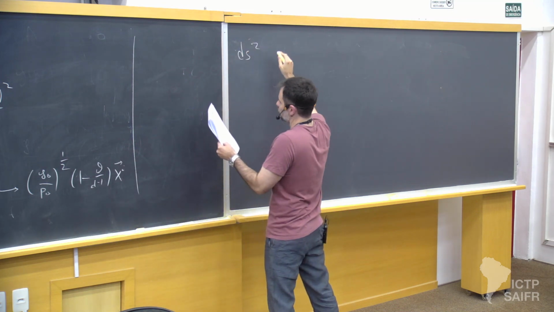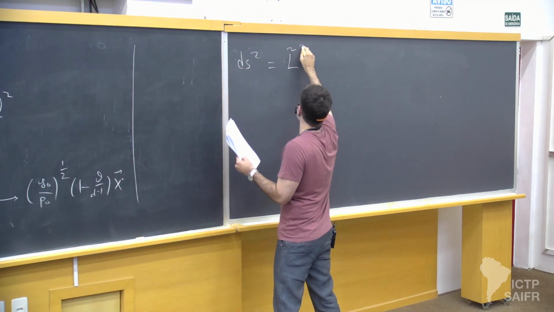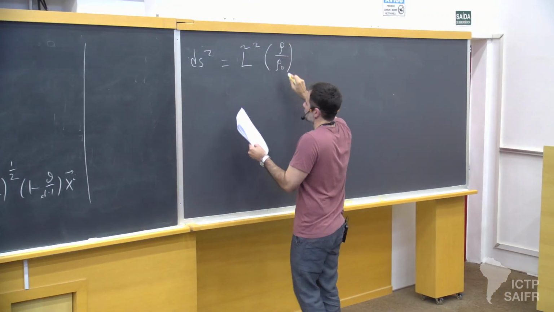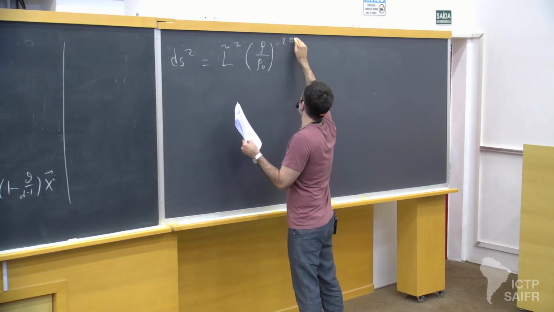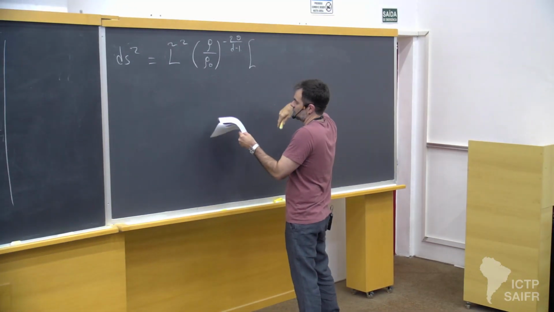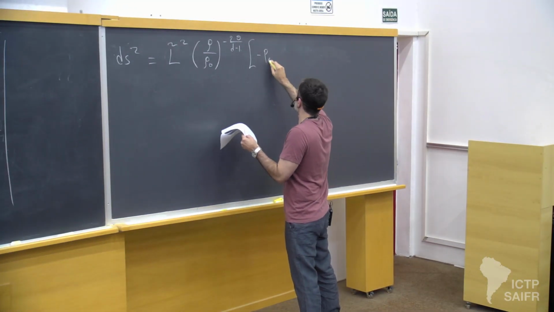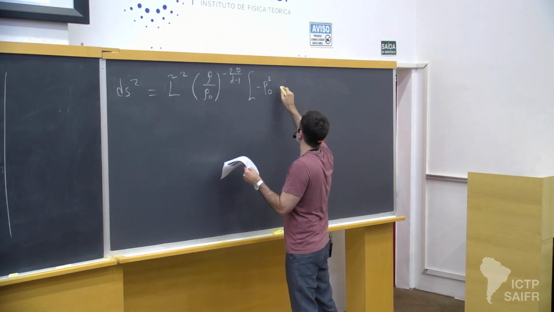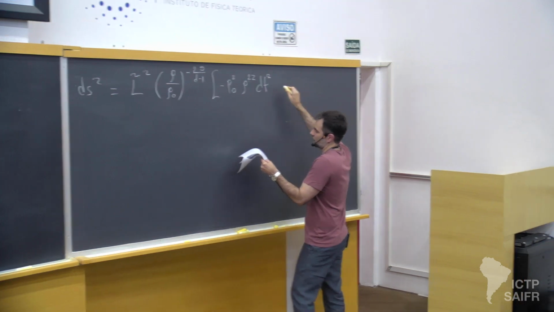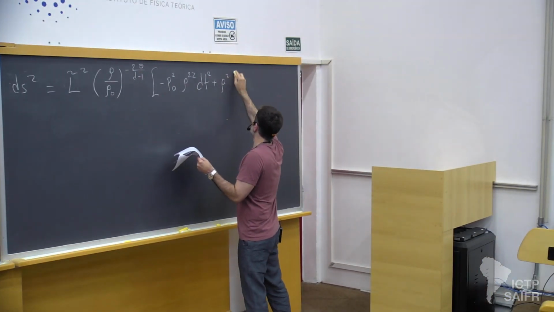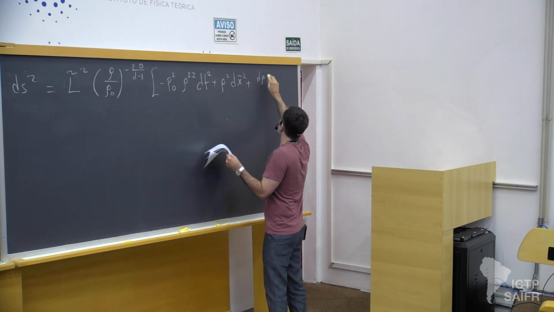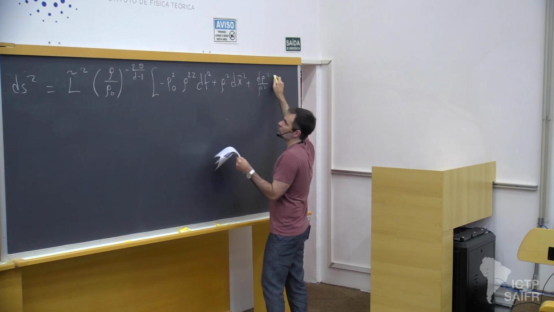So I will have that ds squared is some number L tilde squared times (rho over rho naught) to the minus 2 theta over d minus 1, times minus some constant of integration P naught squared times rho to the 2z dt squared plus rho squared dx squared plus d rho squared over rho squared.